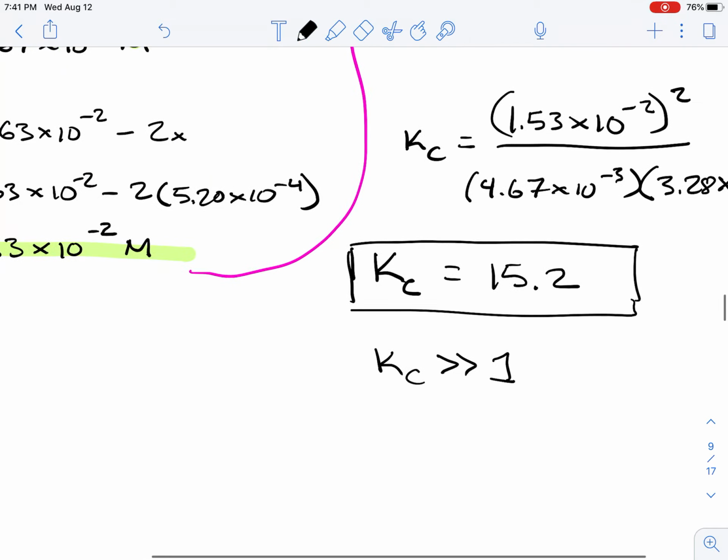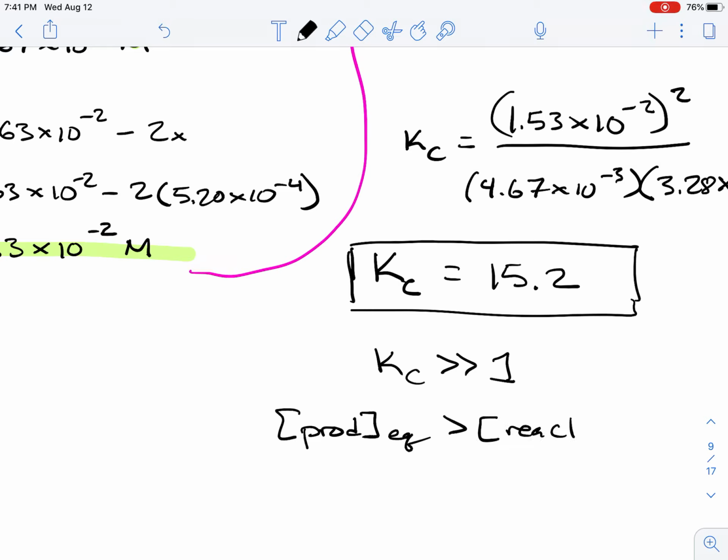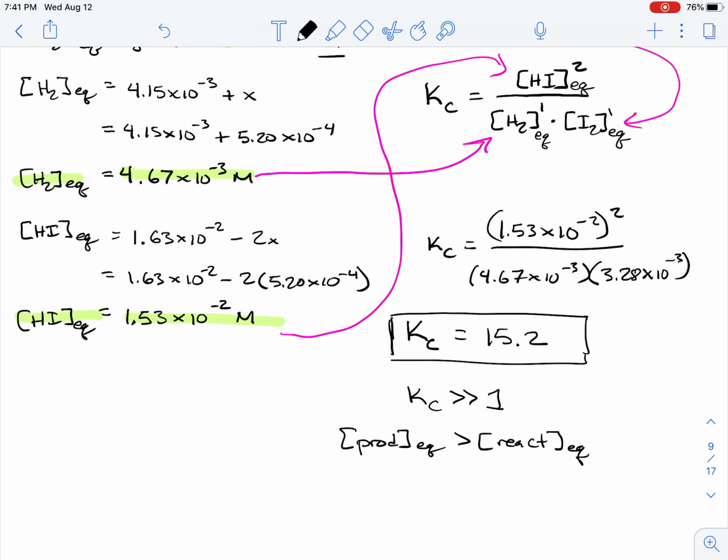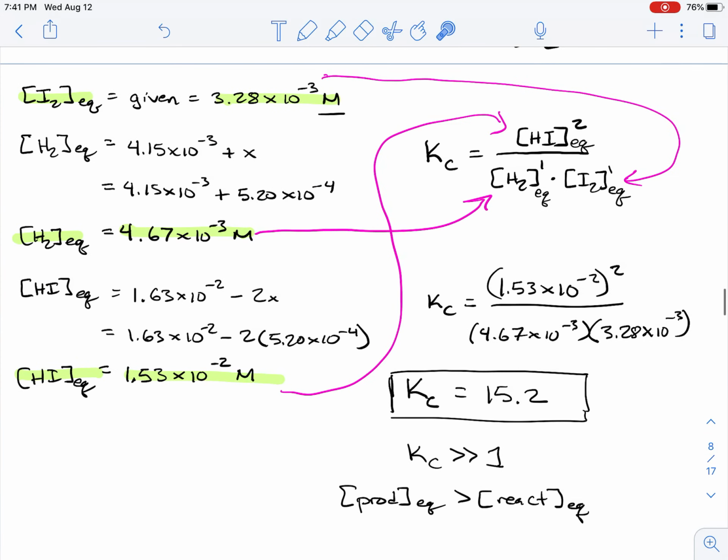So the concentration of products at equilibrium is greater than the concentration of the reactants at equilibrium. And so do our values reflect that concept? And the answer is yes. Times 10 to the negative 2, which is our product, is greater than times 10 to the negative 3. These are our reactants.